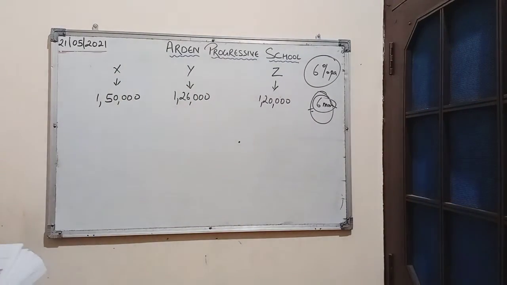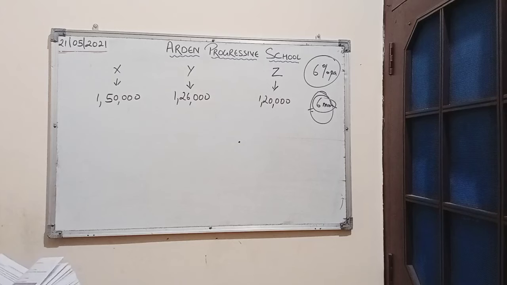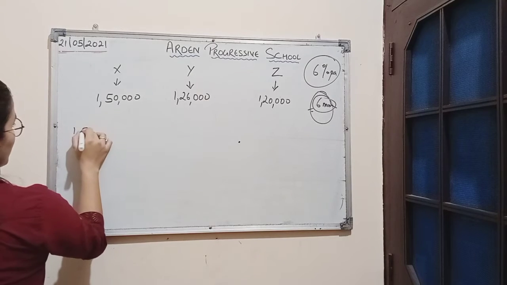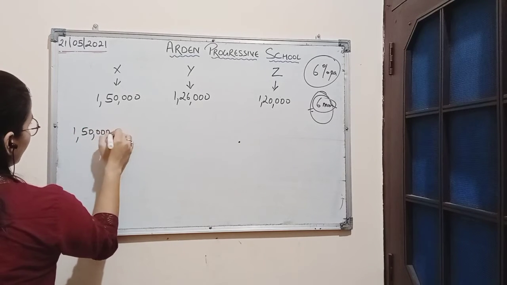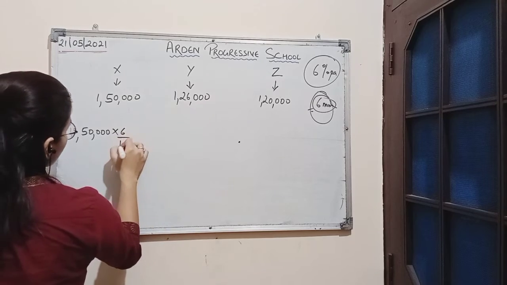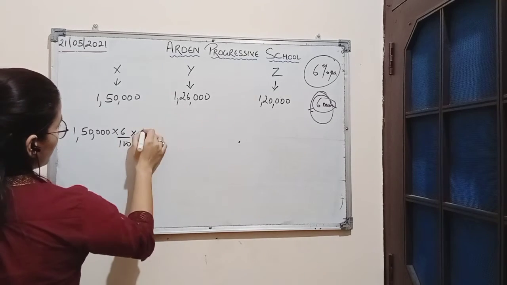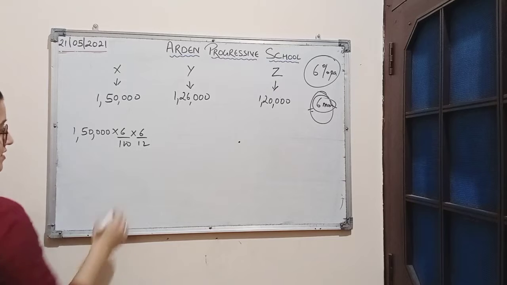So if we calculate the interest on drawings of X, the amount of drawings is 1,50,000, the rate of interest is 6% and the time duration is 6 months.